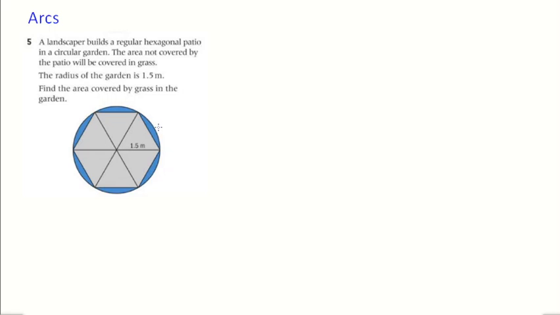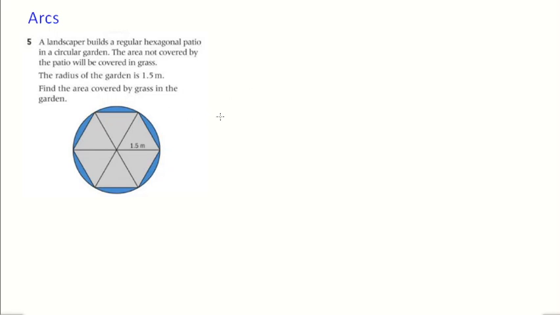The, between quotes, radius of this hexagon, so the distance, if we split this hexagon into 6 equal triangles, equilateral triangles, would have this distance to be 1.5. The size of those triangles would be 1.5. So the side of this hexagon is 1.5. And this circle also has radius 1.5.